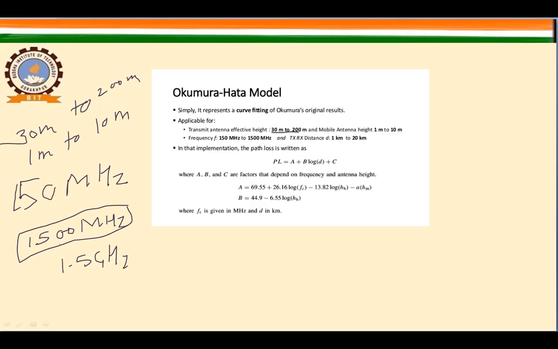So the transmission distance between transmitter and receiver, that is denoted by small d, is nothing but 1 kilometer to 20 kilometers.